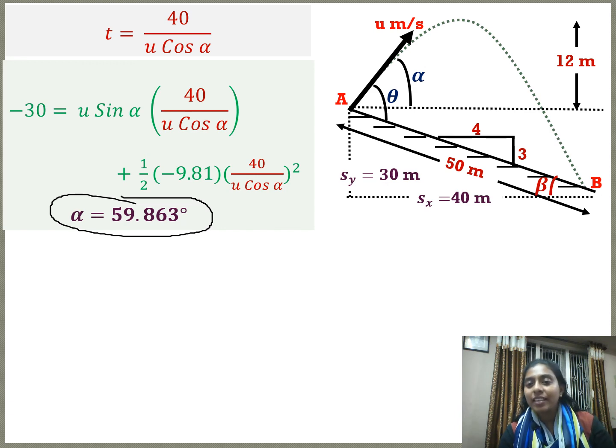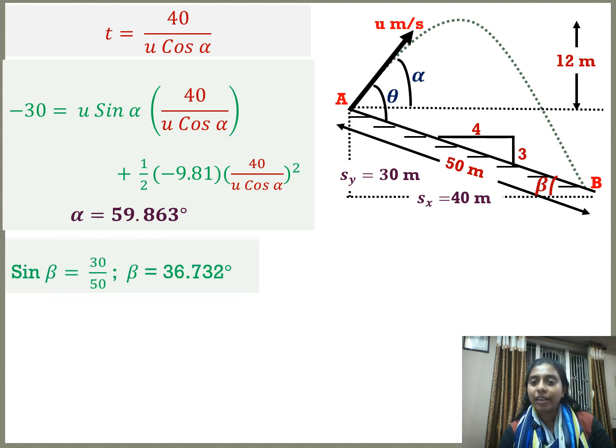Now you can see the diagram. This angle is beta. So if this angle is beta, this angle also will be equal to beta. That means theta is equal to alpha plus beta. So we have calculated beta.